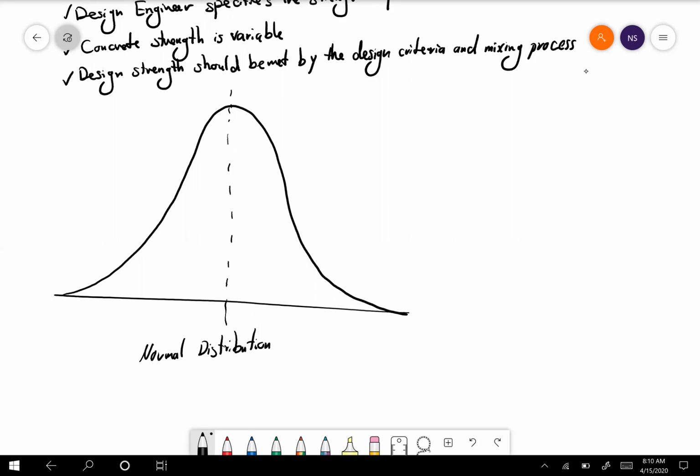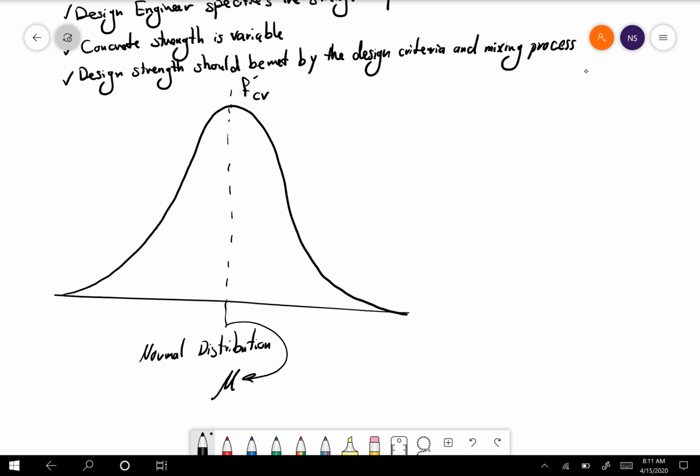It just shows the frequency of your data in a population and how they are arranged around the mean. The value which repeats the most in the data population is the mean value. So this is the mean or average, and for our purpose, let's call this F prime C critical. That's the average strength.